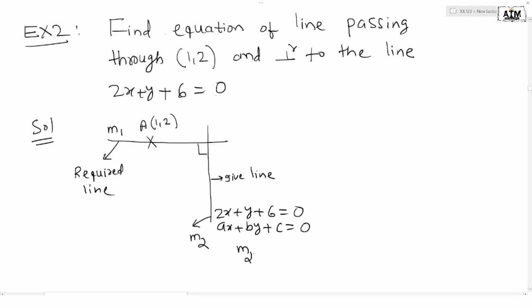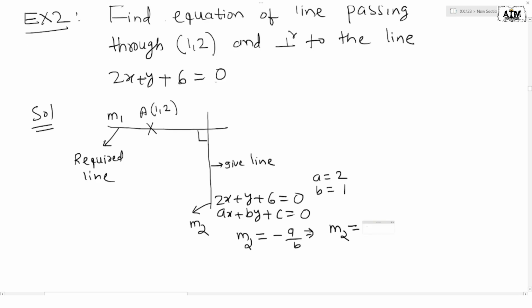So m2, the slope of the given line, is given by minus a upon b, where a equals 2 and b equals 1. Therefore, m2 is minus 2 upon 1, that is, m2 equals minus 2.